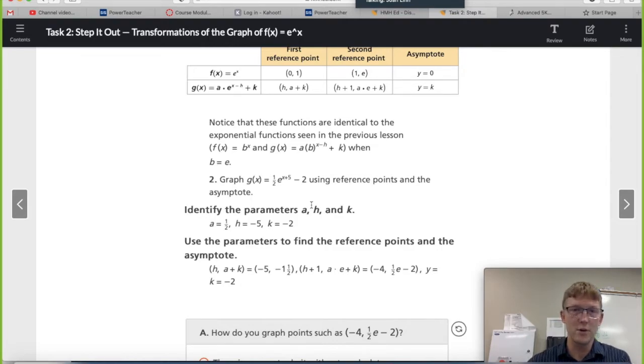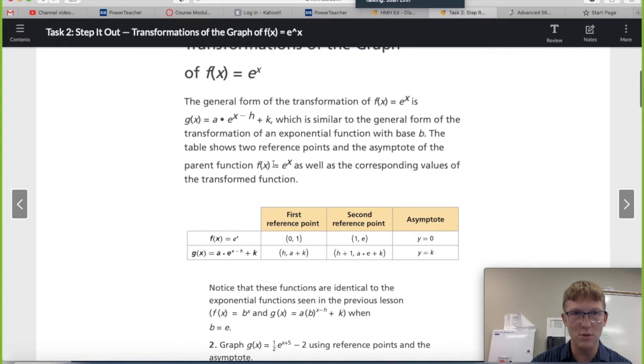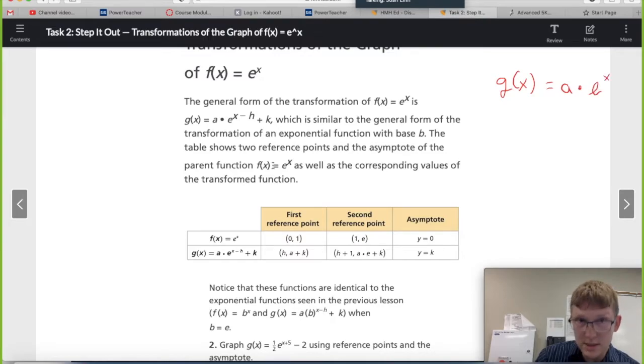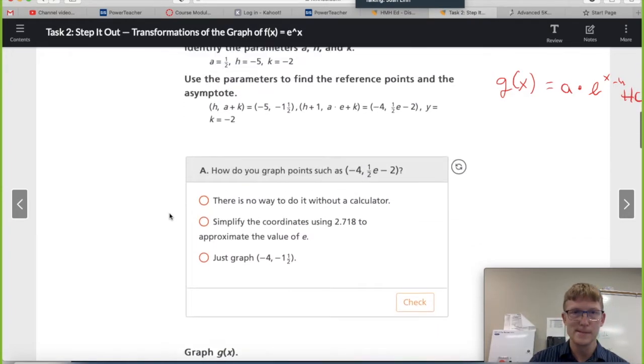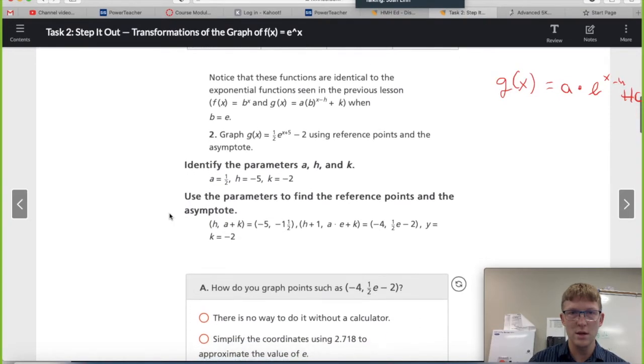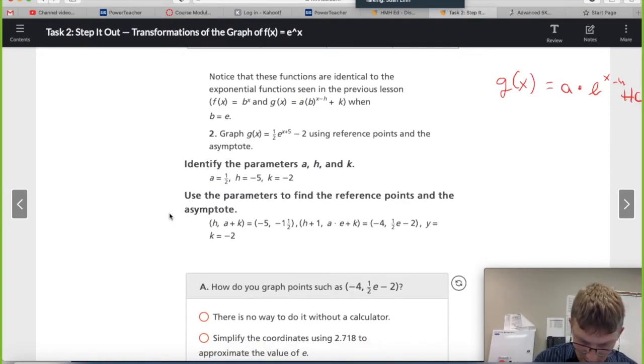So first things first, we can look at this equation and we can pull out our parameters. So remember our general form of the equation, g(x) = a times e to the x minus h, plus k. Sorry, I ran out of room. So when we look at our function again, we can easily see that here's our a.